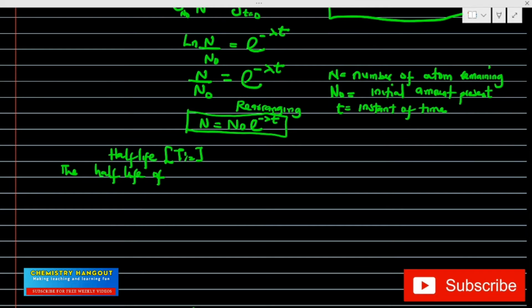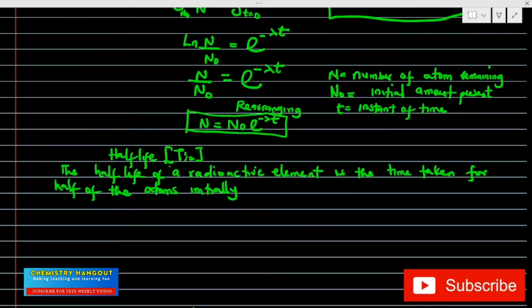The half-life of a radioactive element is the time taken for half of the atoms initially present in an element to decay.